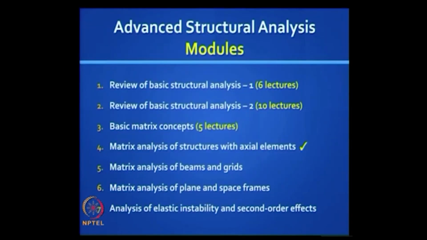That is the most complex, and we will also include issues such as how to account for internal hinges, how to account for even axial deformations, shear deformations and so on. So we will build it up slowly. We will begin with the first level, the easiest, matrix analysis of structures with axial elements.